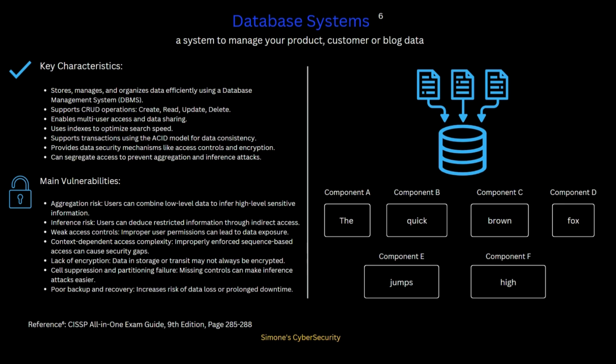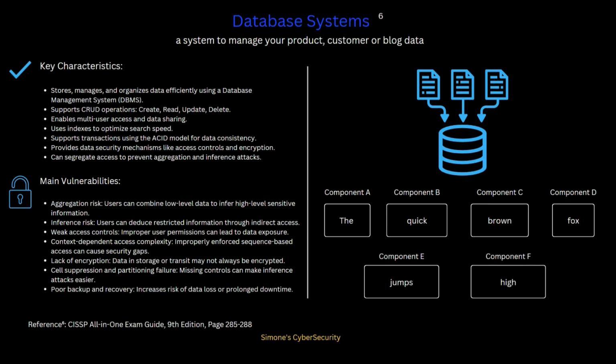If an attacker gains access to a database, the payoff can be huge because databases can hold customer records, payment details, intellectual property, or in the OT world, they can hold production process data, and this data can be sold, leaked, or used to disrupt operations. So, database systems are among the most critical parts of any architecture.